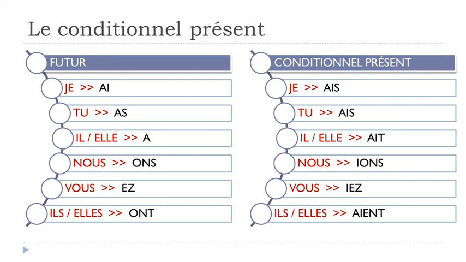To be totally honest, because we construct these two tenses the same way, the endings are the only way to make the difference between the future and the conditional. So it's quite important to really remember them by heart. So remember, futur: AI, AS, A, ONS, EZ, ONT, but conditionnel présent: AIS, AIS, AIT, IONS, IEZ, AIENT.